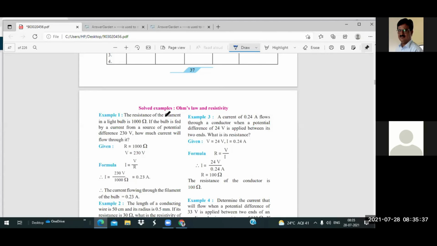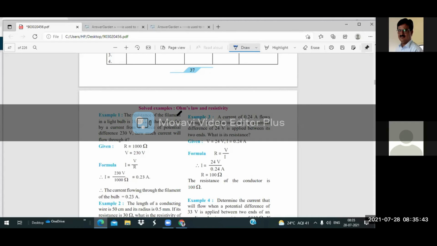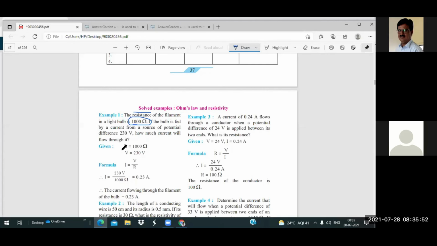Once again, I will read this problem so we can understand what is given. The resistance of the filament in the light bulb is 1000 ohm, so R is equal to 1000 ohm.